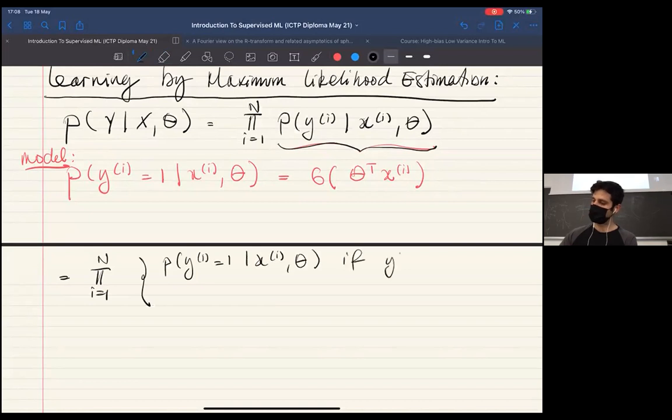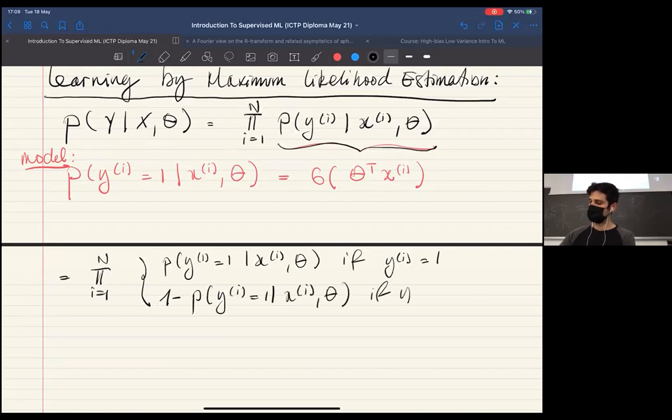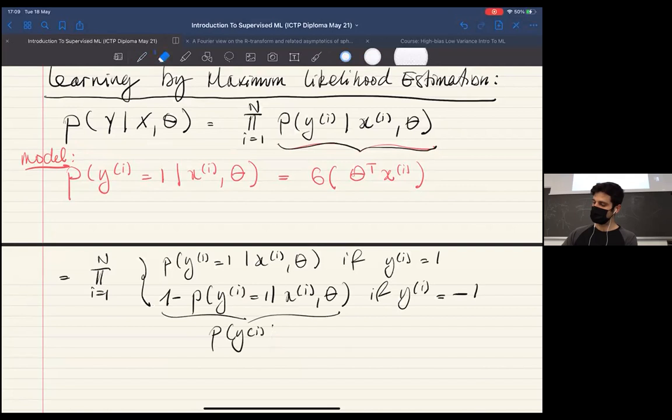If the label that you measured, that you have access to in your data, is a +1, it is this, and instead it would be 1 minus this thing if your label is a -1, because by normalization, this is the probability that your label, according to your model, is a -1.